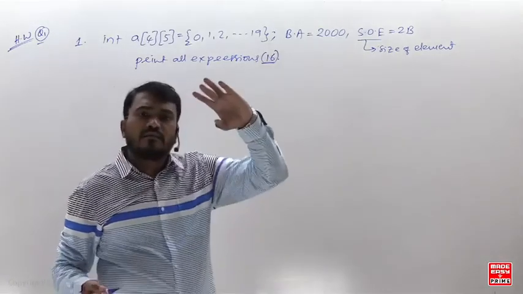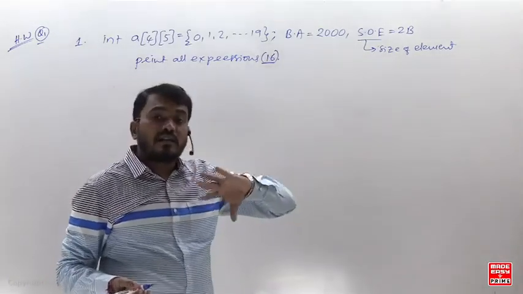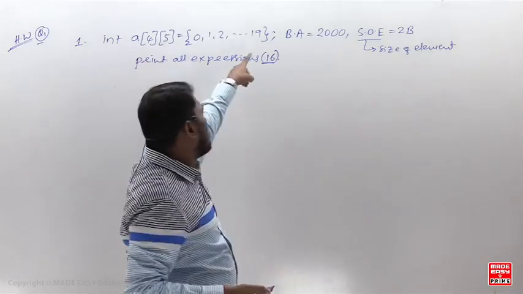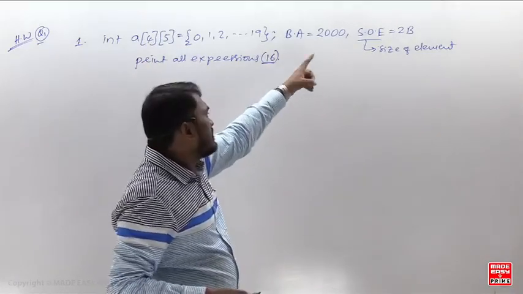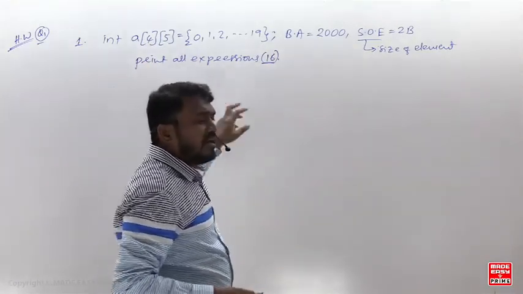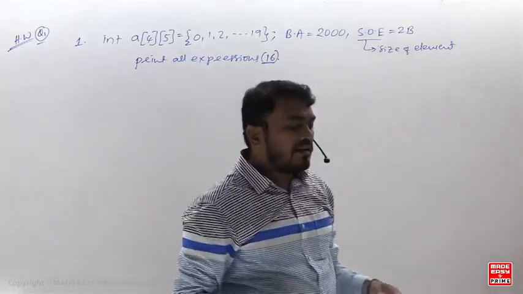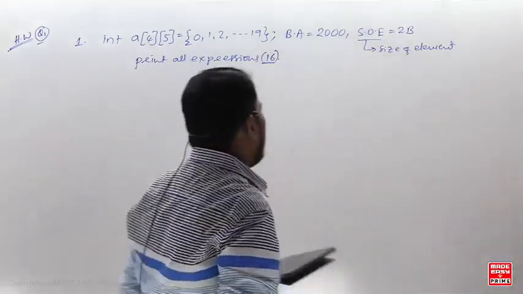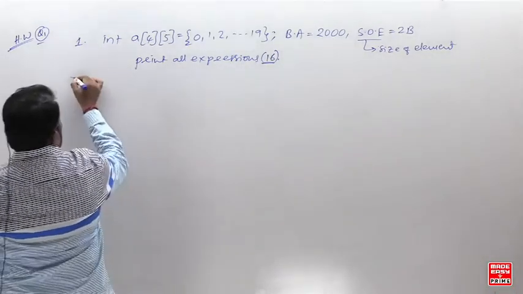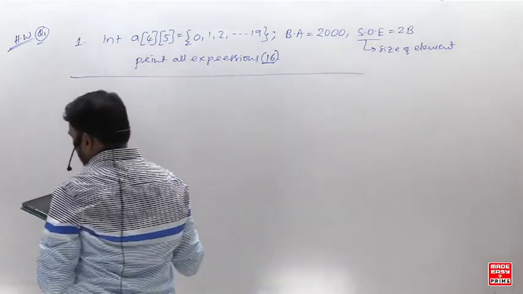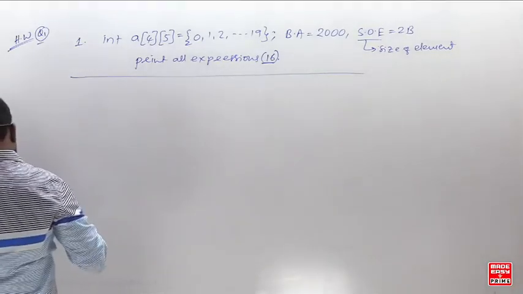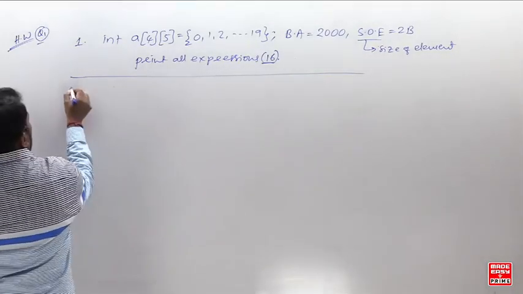In yesterday's class we made a table. Exactly in the same manner, make the diagram for this. Base address is 2000, size of the element is 2 bytes, and print all the expressions we discussed in yesterday's class. So that is the first one. You have to make the proper diagram and print all the expressions.